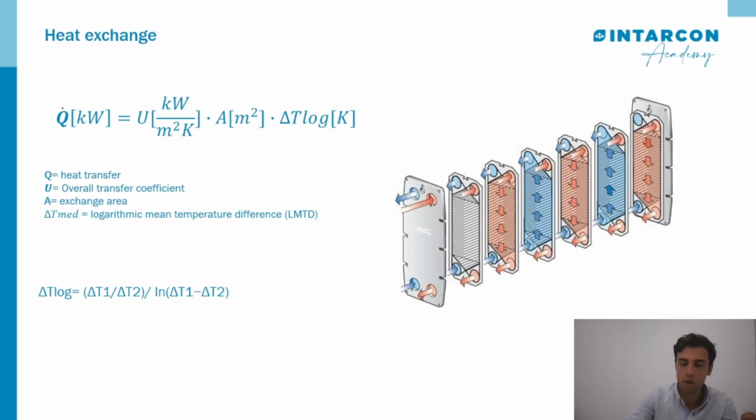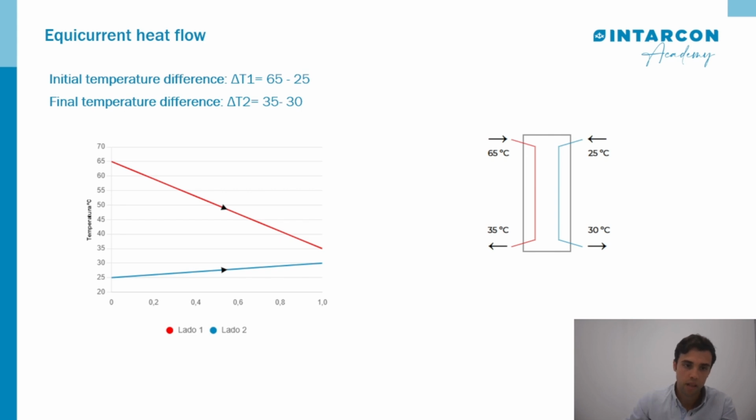The main difference for the calculation is the logarithmic mean temperature difference, where the initial temperature differences are different. In the equicurrent heat flow for a plate heat exchanger, we use the inlet temperature of the hot fluid, for example 65 degrees, and the entry of the cool fluid, that could be 25. That is the inlet temperature.